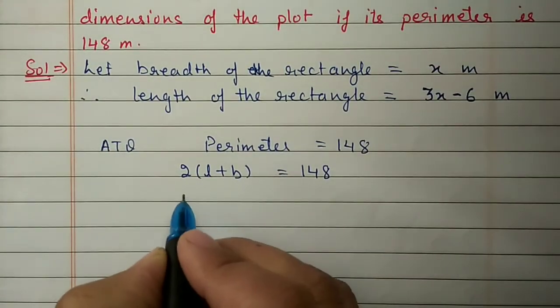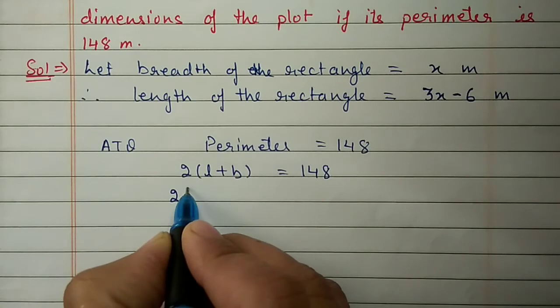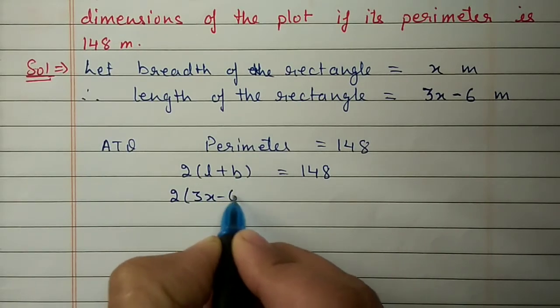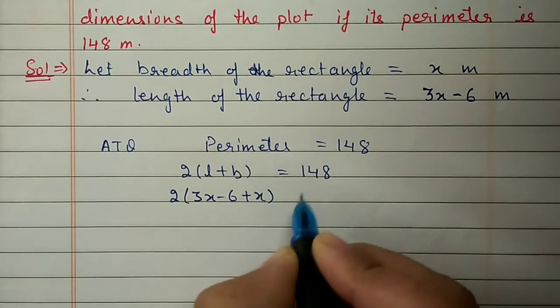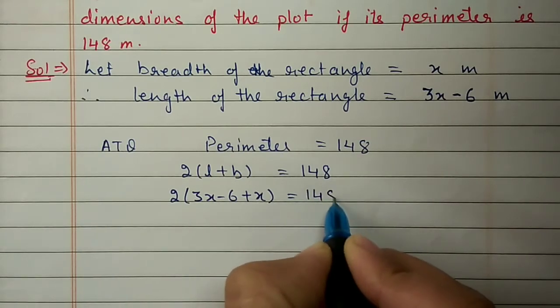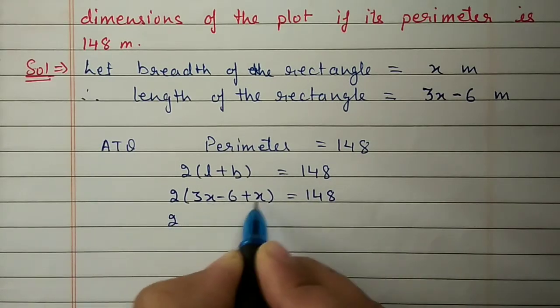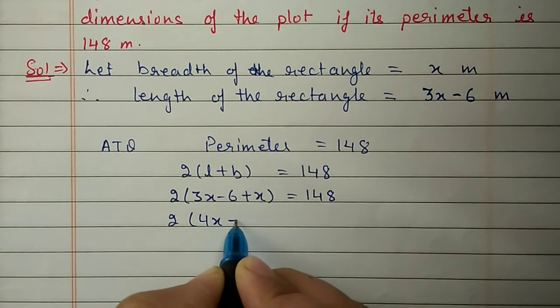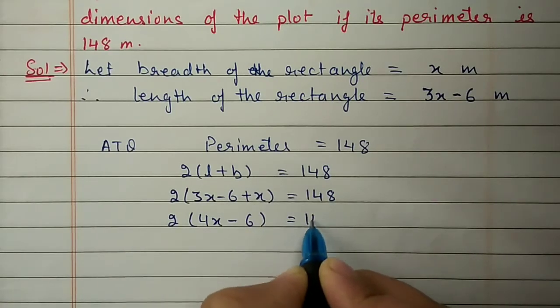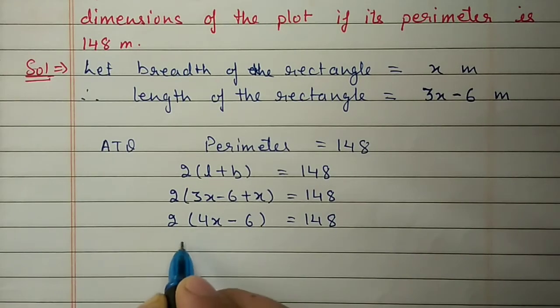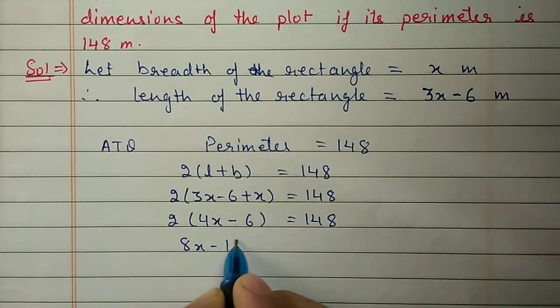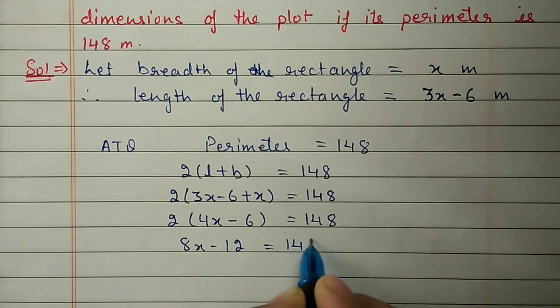We will substitute the values of length and breadth. Length is 3x minus 6 and breadth is x, which is equal to 148. So 3x plus x will become 4x minus 6 equal to 148. Remove this bracket, 8x minus 12 is equal to 148.